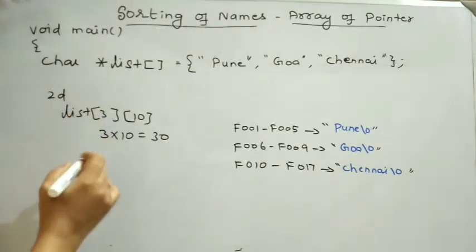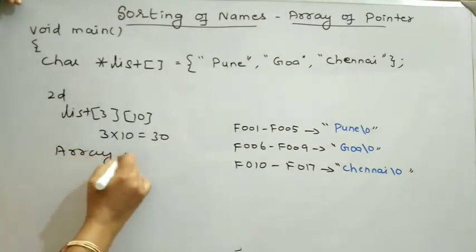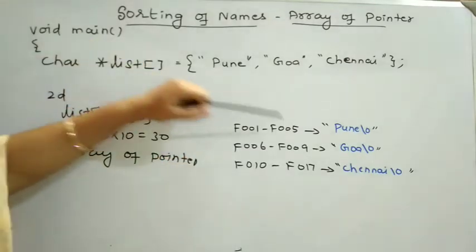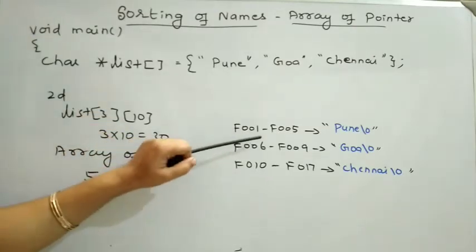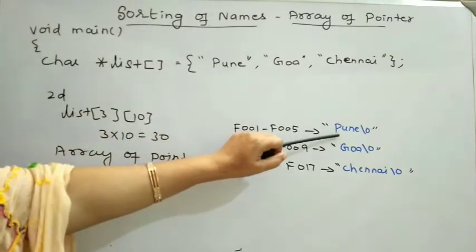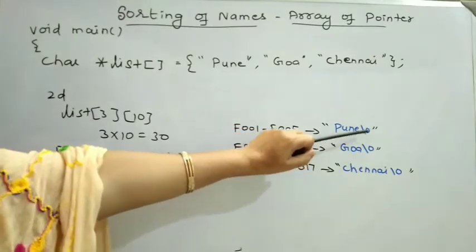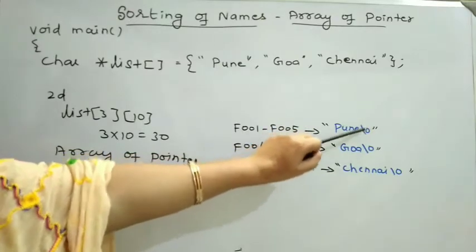In case I use this array of pointers, how much memory will it allocate? For the first string value, it allocates 5 memory locations: 4 to store the string value, plus 1 byte to store the end delimiting character, the null character \0.